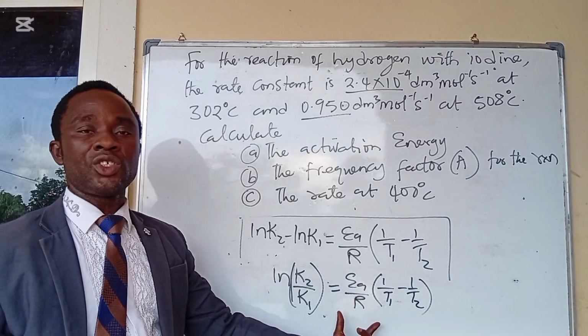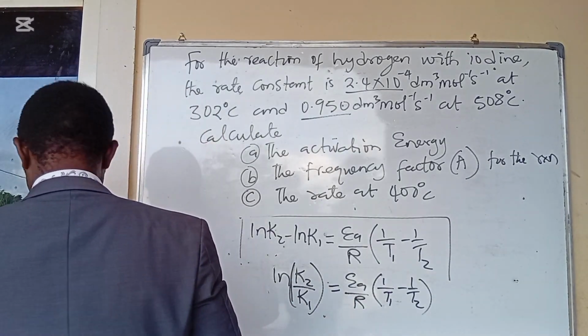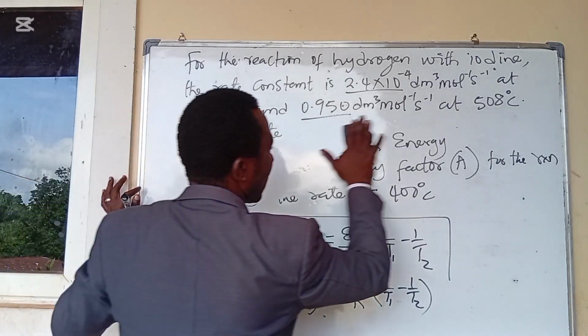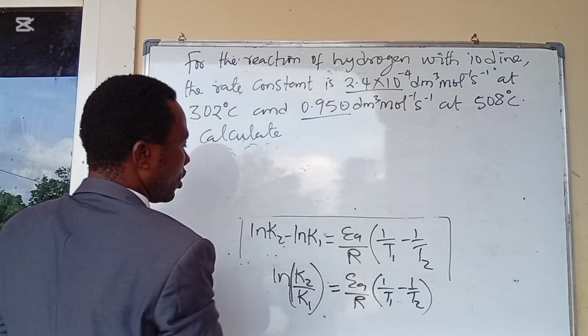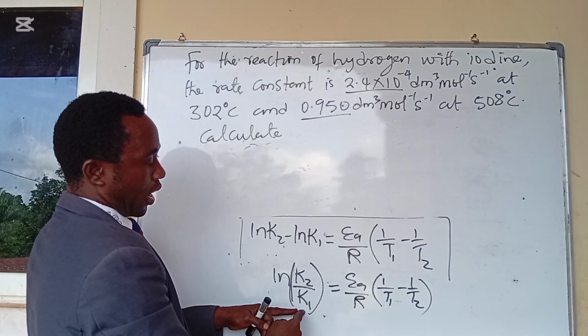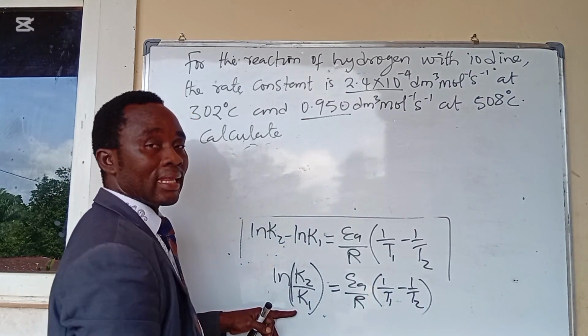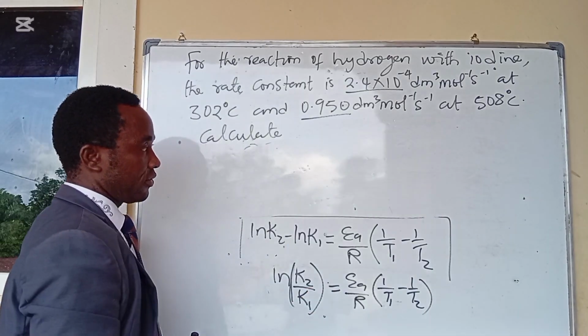We can use this last general equation. If we are looking for activation energy, you see that in this equation we have everything. We know the molar gas constant, and we are given K2 and K1. What is left is the activation energy.